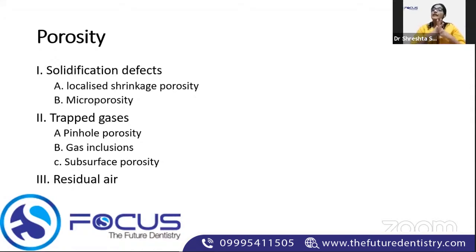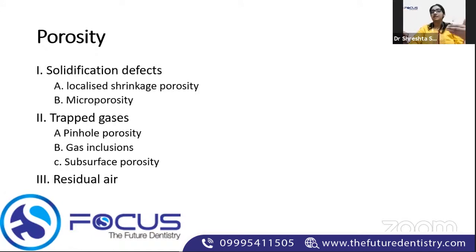Now, porosity, again, we will classify into three. First will be the solidification defects. Second one will be due to trapped gases. And the third one will be due to residual air entrapment. So when you're casting, when your molten metal is flowing and suddenly it solidifies, the defects that happen at the stage of solidification are called solidification defects.